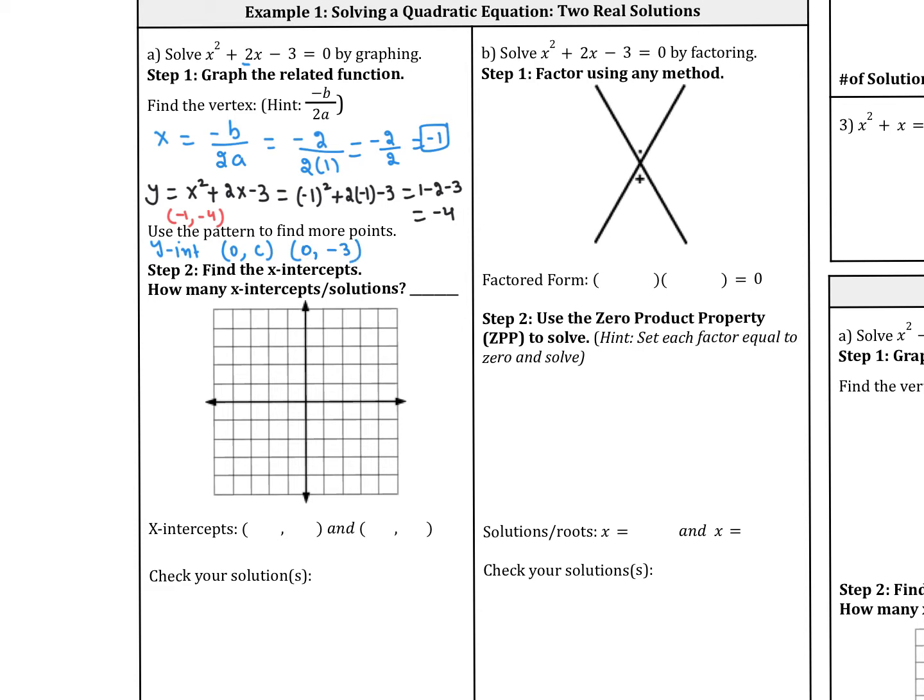Now I'm going to plot the vertex and also 0 comma negative 3. The vertex, negative 1 comma negative 4, is this point right here, and 0 comma negative 3 is this point. We got one side and we're going to mirror this point.